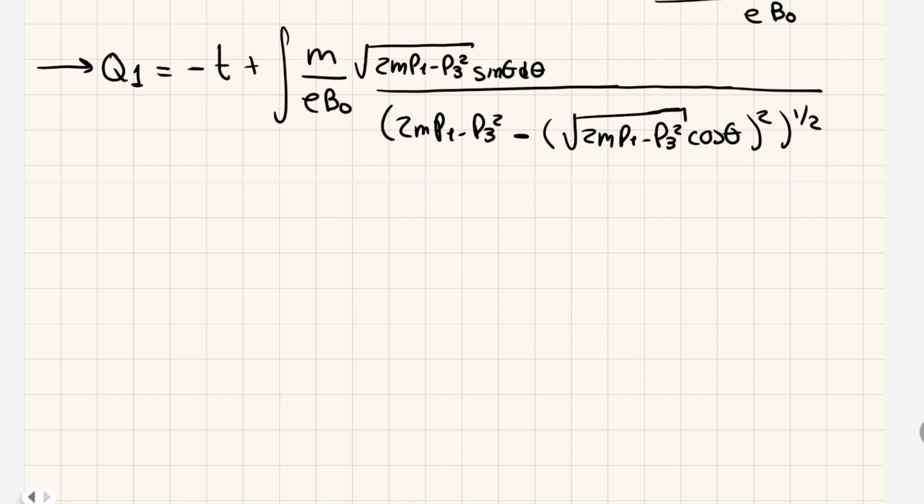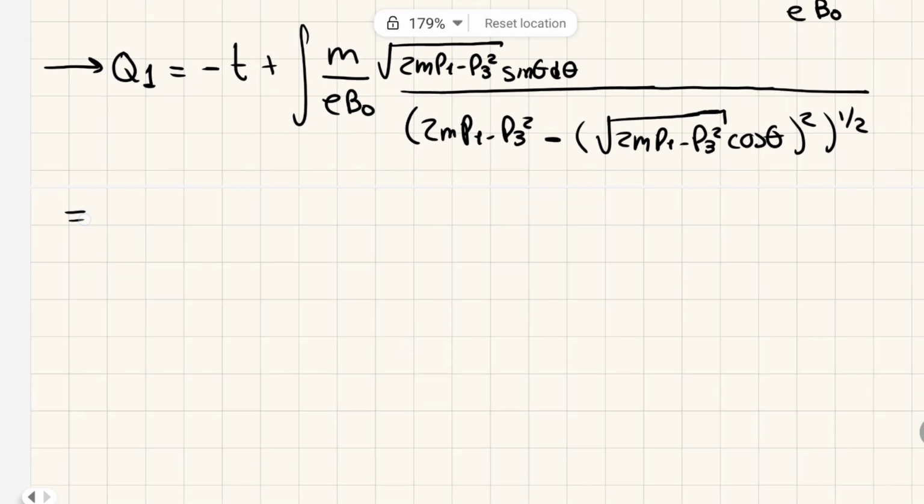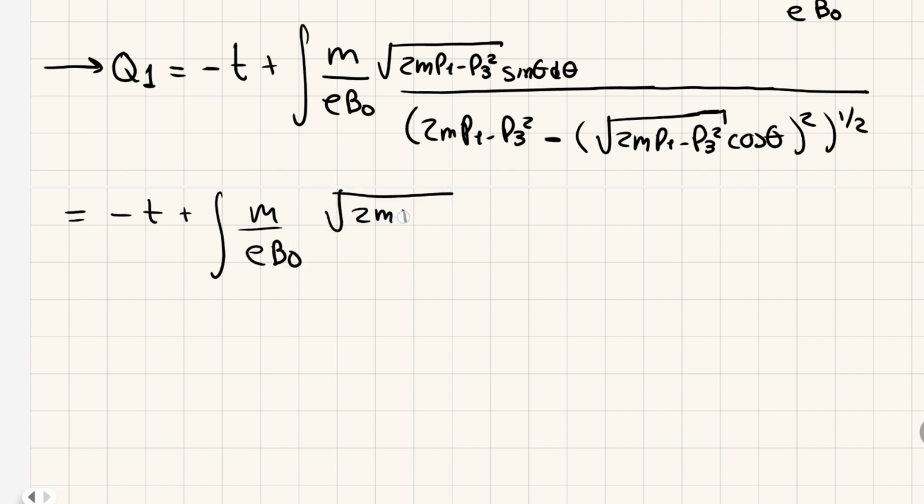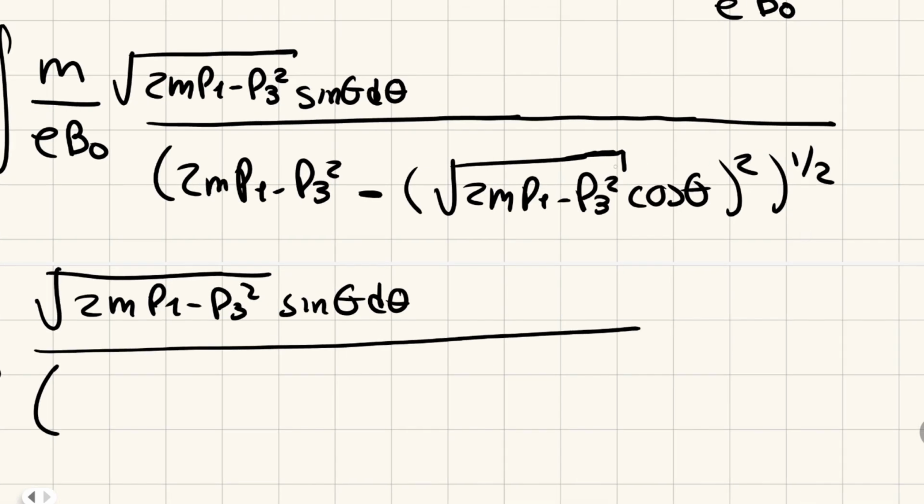Perfect. So here comes the magic of this trigonometric substitution method. Here we are going to have minus t plus the integral of m divided by EB0 square root of 2mp1 minus p3 squared sine theta d theta, and then this is divided by, look, this squared is going to cancel this square root, and then we will get a cosine squared, right?